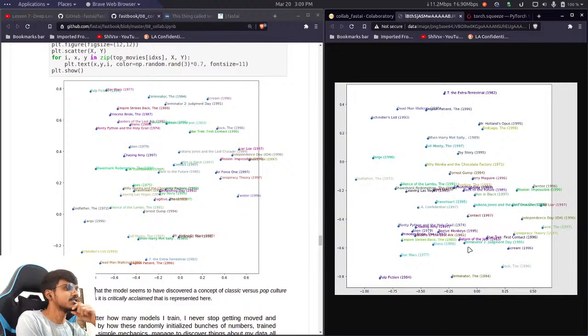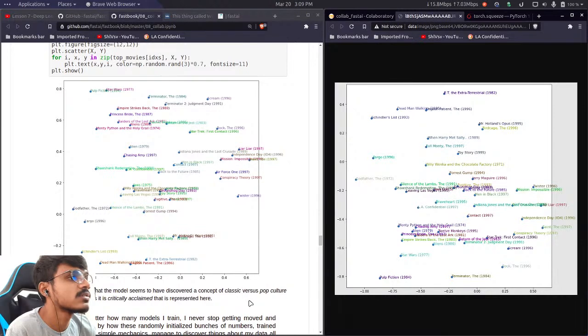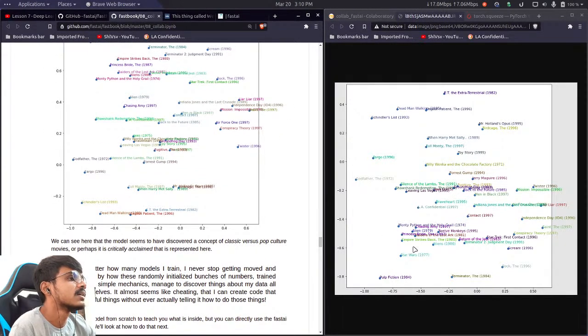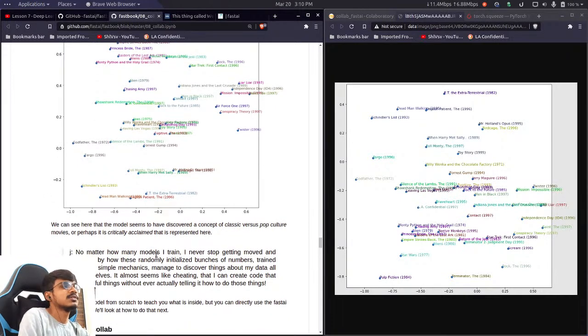Not so science fiction. I don't know. What is it representing? Classic versus pop culture. Okay, that might be the case. This movie does look like classic movies. Star Wars, Pulp Fiction, these are the classic movies. Versus pop culture, I don't know what that means. Critically acclaimed. Okay, we don't need to worry about that, I guess.